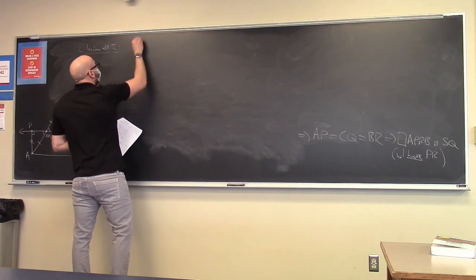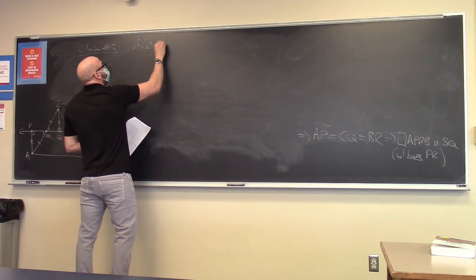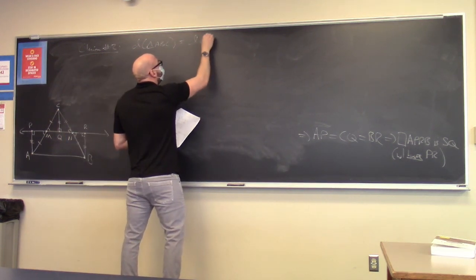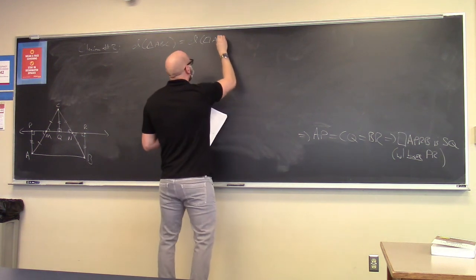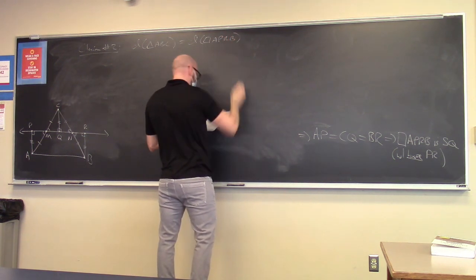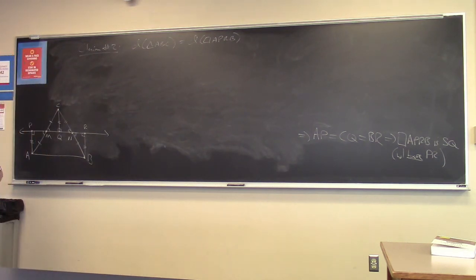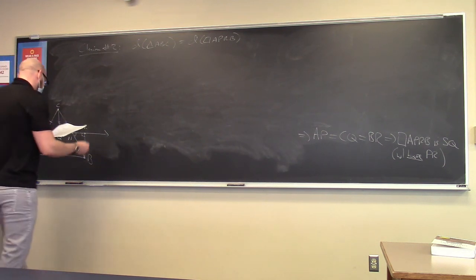The defect of triangle ABC is the same as the defect of the security quadrilateral. Not hard to do, you just have to go through the angle sums.